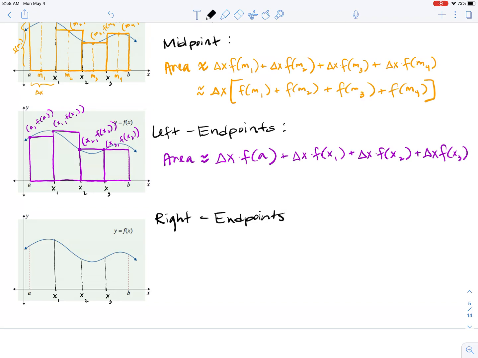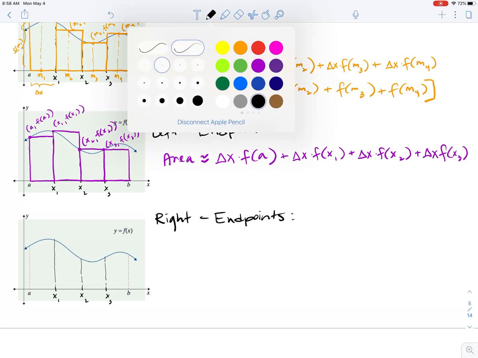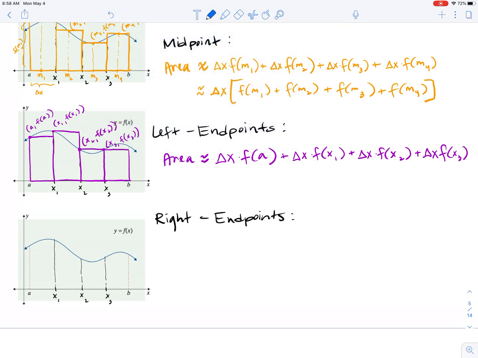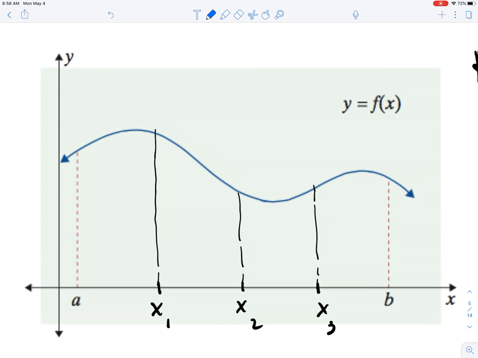And then you could probably figure out for right endpoints, we're just using the right endpoint of each subinterval to find the height of the rectangles. Here I'll use blue. Looking at that first subinterval, the right endpoint would be x sub 1.